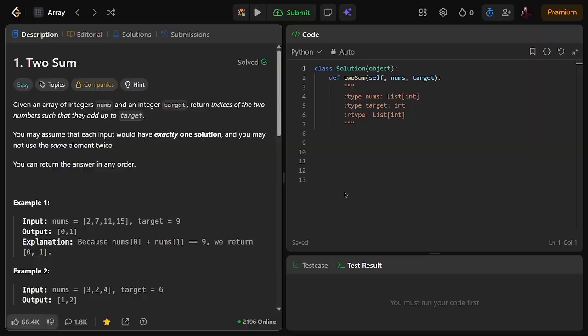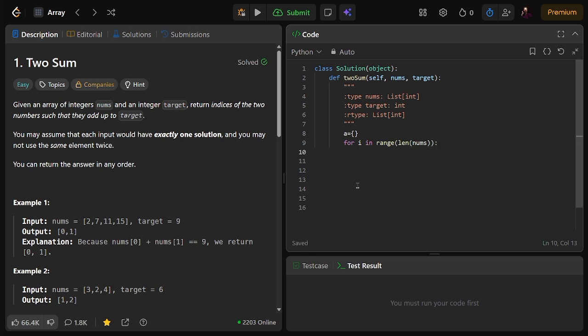All right, so let's write the code. We have to make a dictionary. I'm going to take a equals dictionary, okay? And now let's iterate over nums: for i in range length of nums, isn't it?